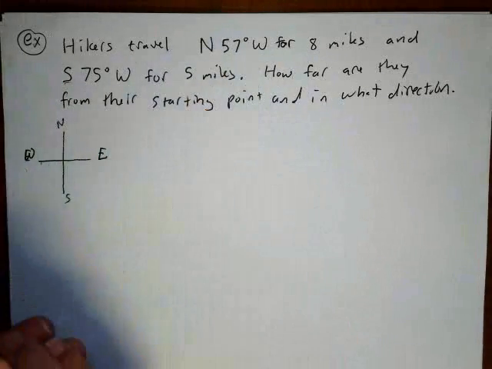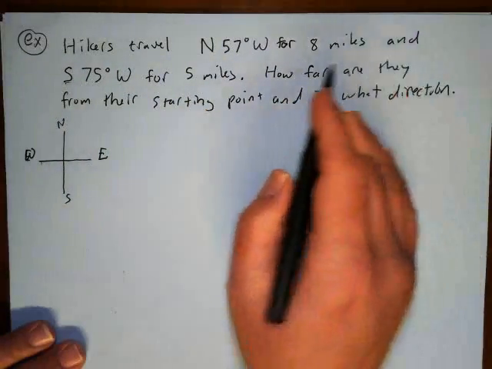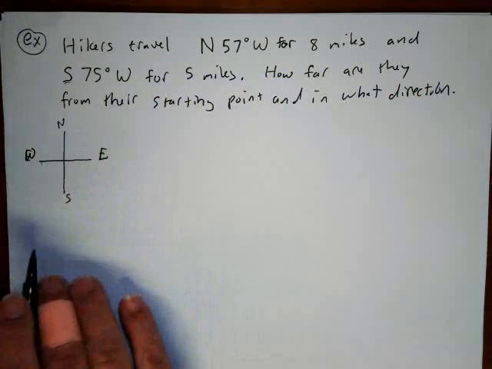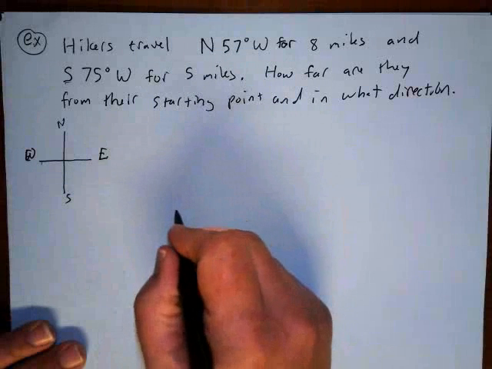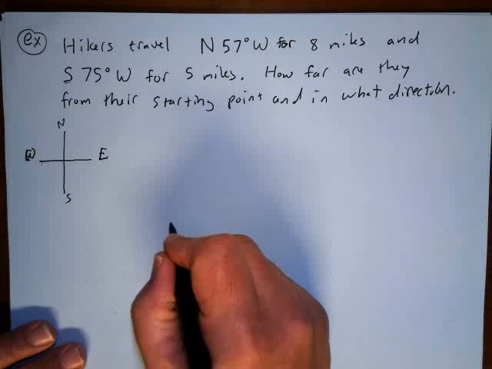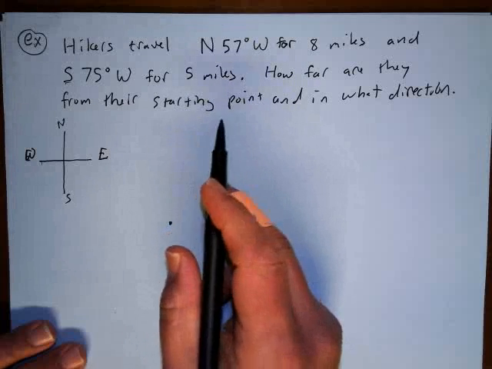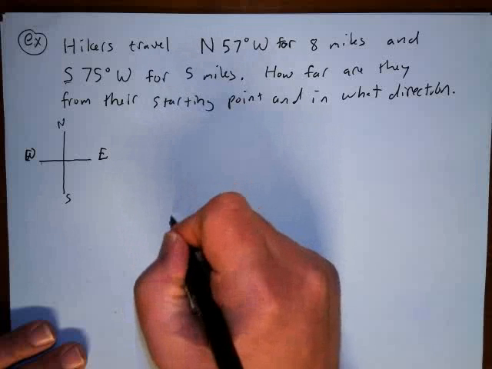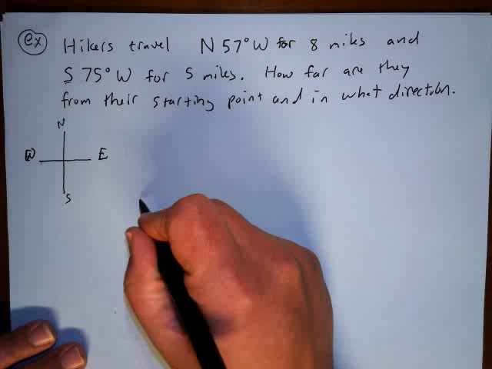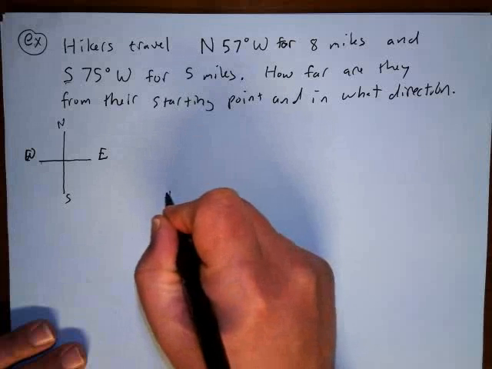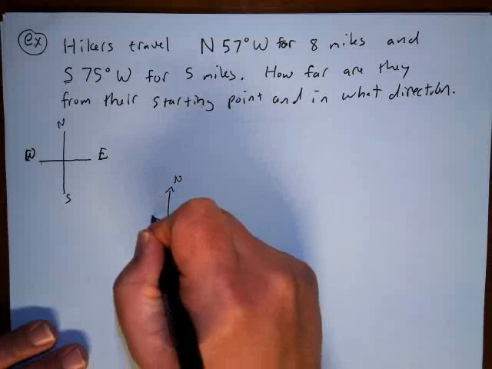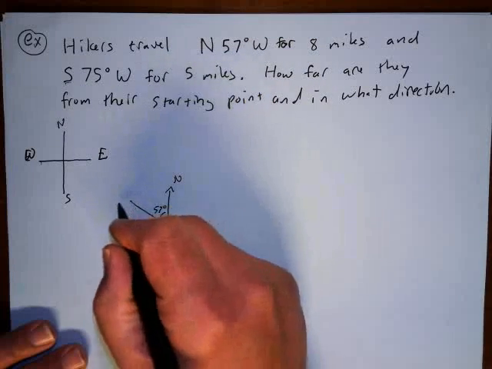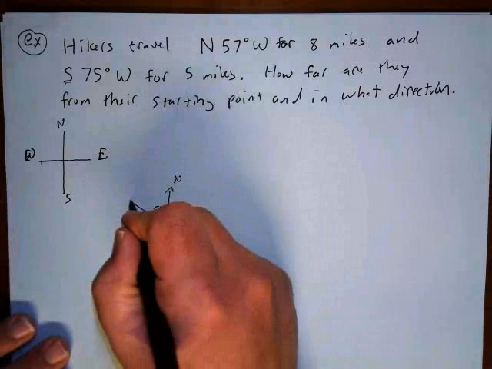This says hikers travel north 57 degrees west for 8 miles and south 75 degrees west for 5 miles. How far are they from their starting point? So let me see if I can draw a picture here. North 57 degrees west would be like moving this direction. If this is north, this would be 57 degrees towards the west, and this is 8 miles.